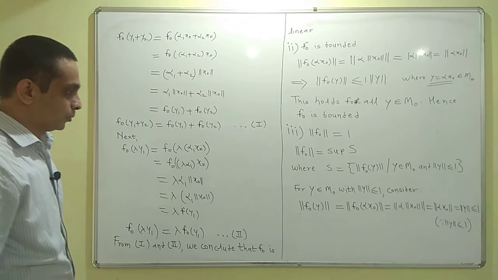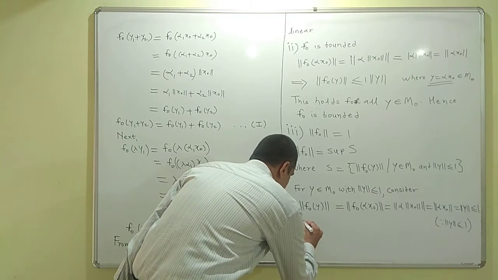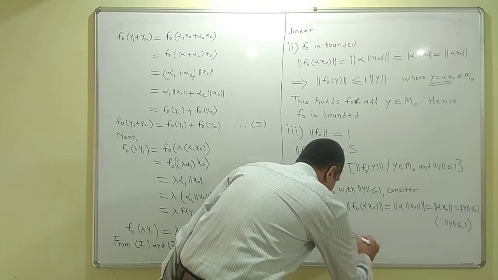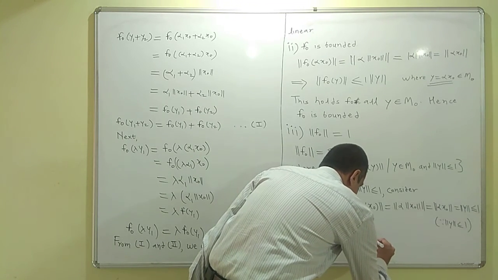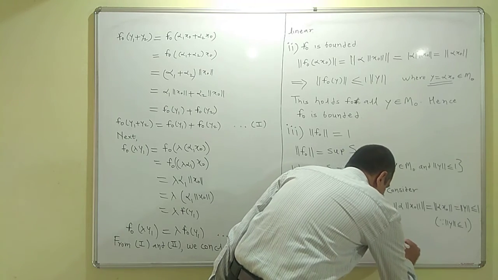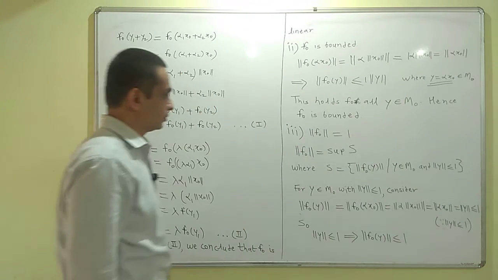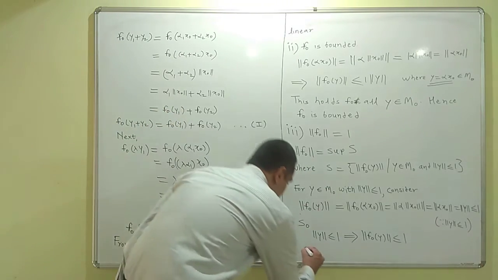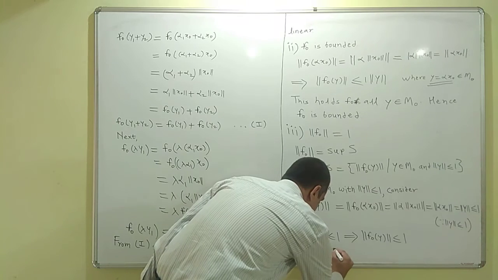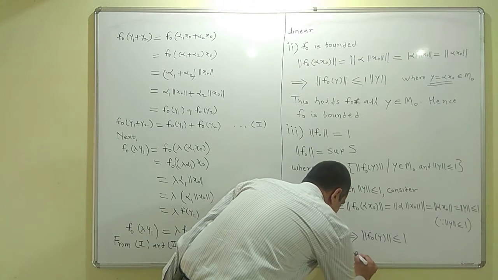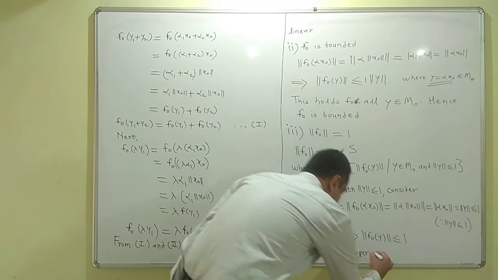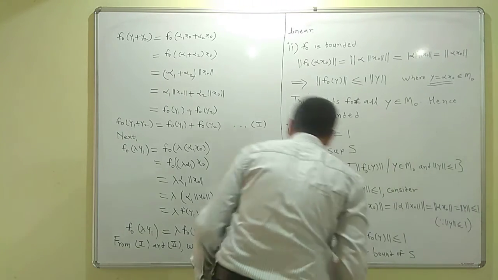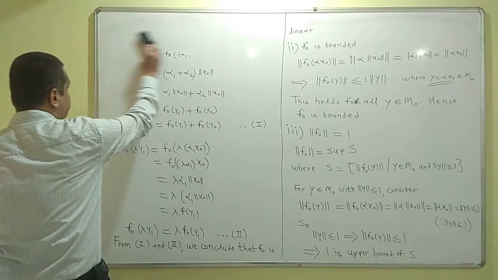So what we proved is, whenever norm of phi is less than or equal to 1, norm of f0 y is less than or equal to 1. It means that 1 is an upper bound of the set S. Now what is the relation between least upper bound and upper bound?